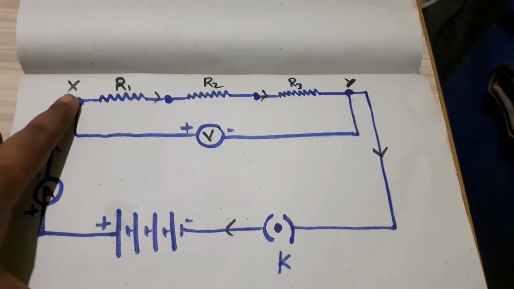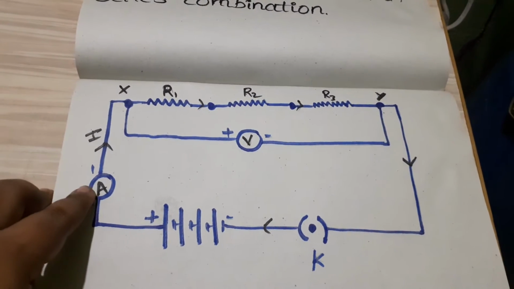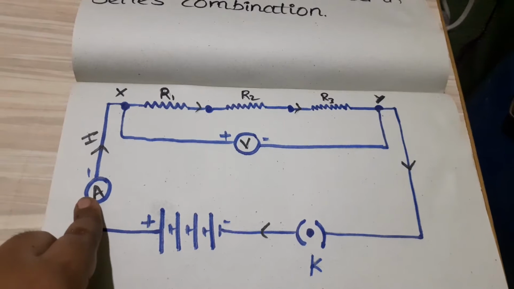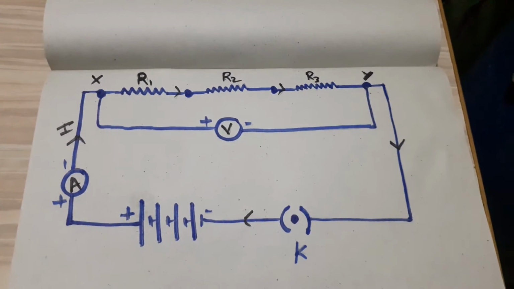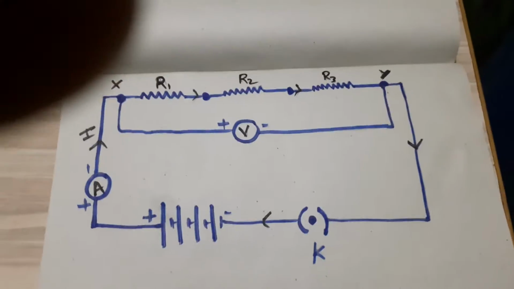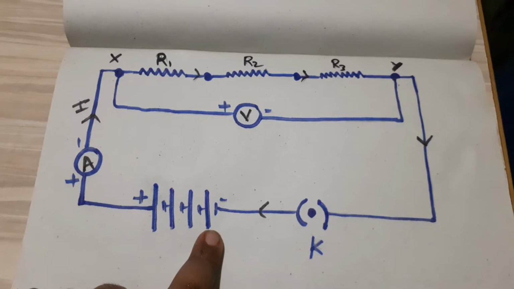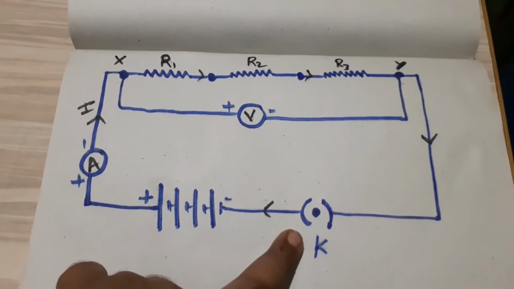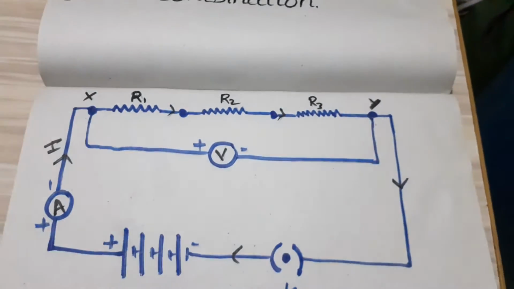Next, one end of the combination is connected to the negative terminal of the ammeter. The ammeter is used to measure the current, and the voltmeter is used to measure the potential difference. Next, the negative end of the battery terminal is connected to the plug key, and the other end of the plug key is connected to the other end of the combination.